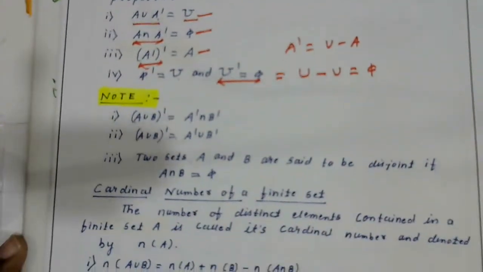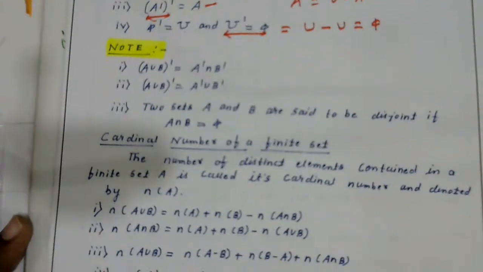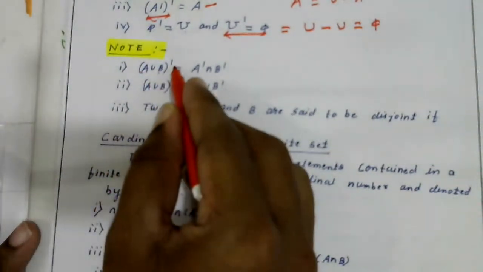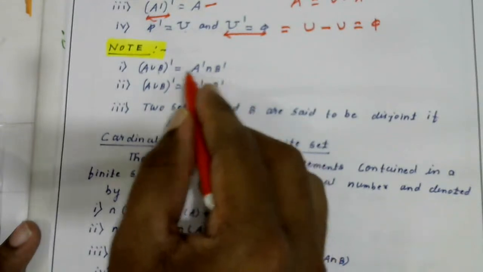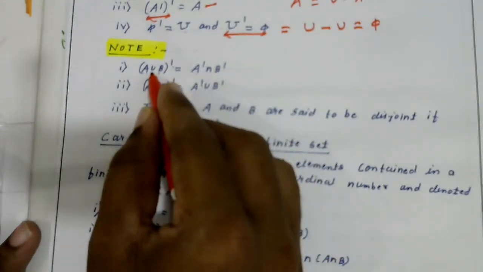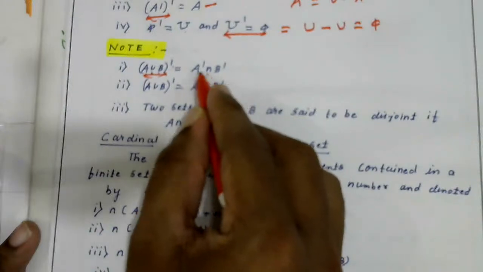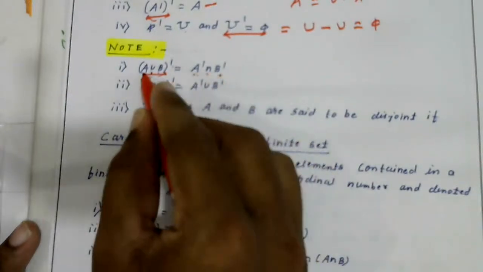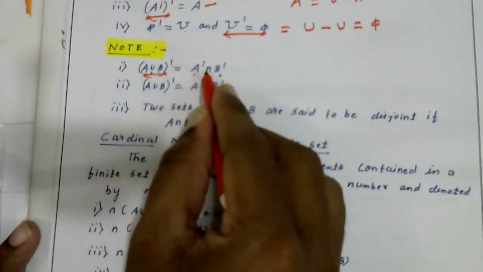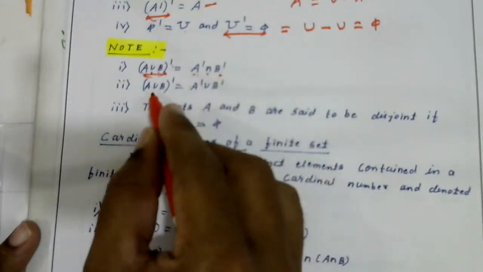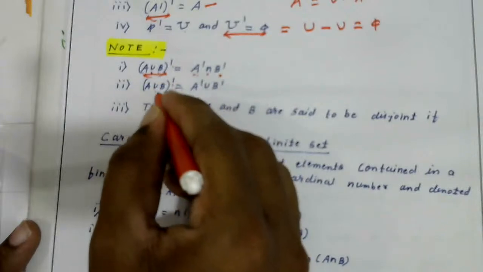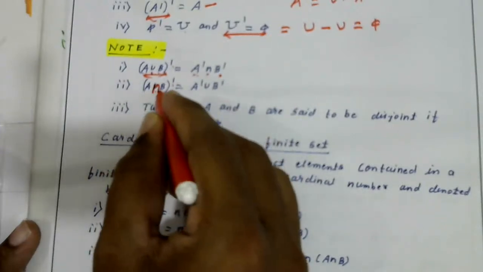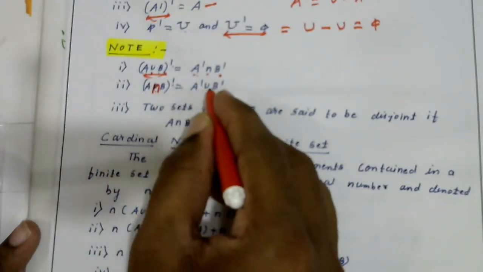De Morgan's law. A union B whole dash equals A dash intersection B dash. So the complement of the union of two sets is equal to the intersection of their complements. And the complement of A intersection B, A intersection B whole dash, equals A dash union B dash.